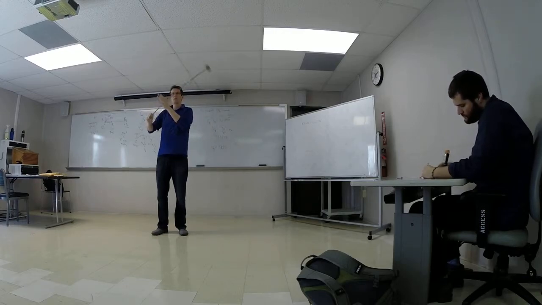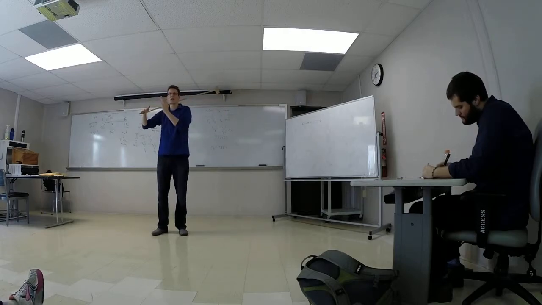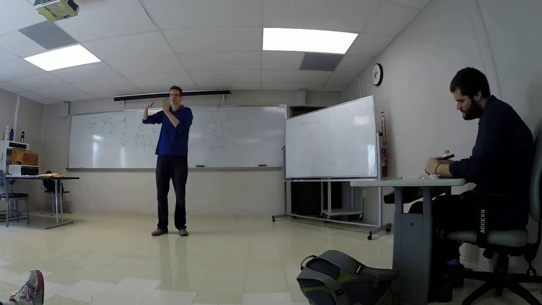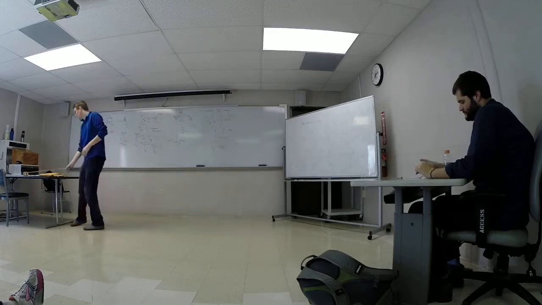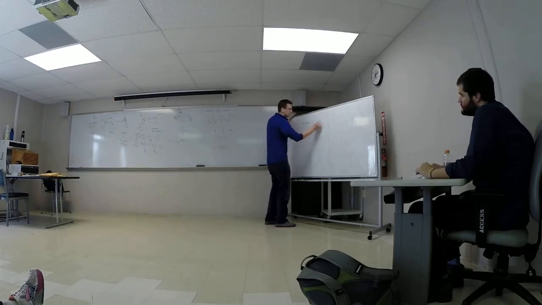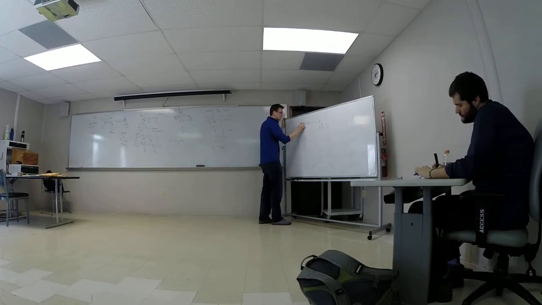So I'm going to look at the competition between the gravitational force, which would try to rotate it this way, and the support from the end, which would try to rotate it the other way. So you can see there's a competition, and I have to make sure that neither torque wins. So I'm looking at a competition between this force and this force.